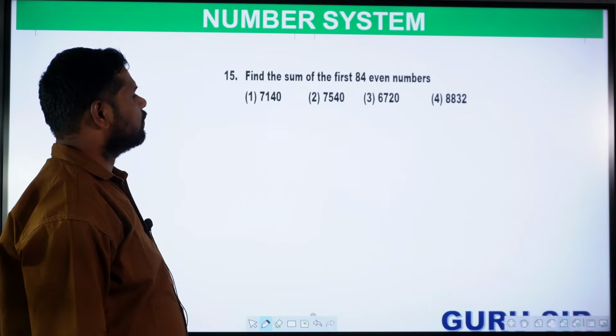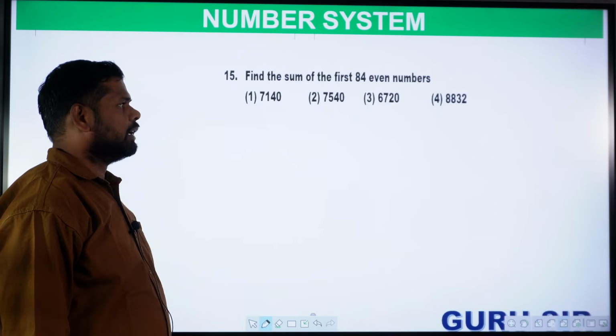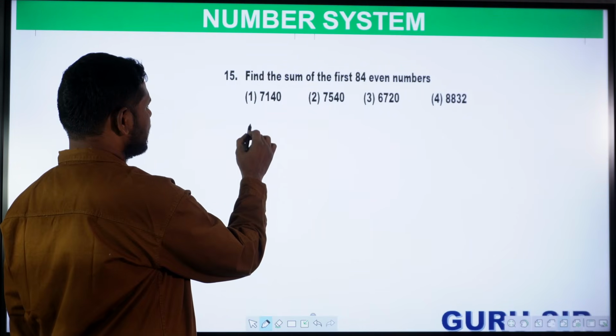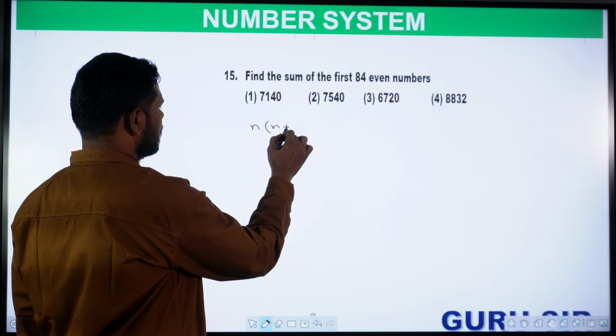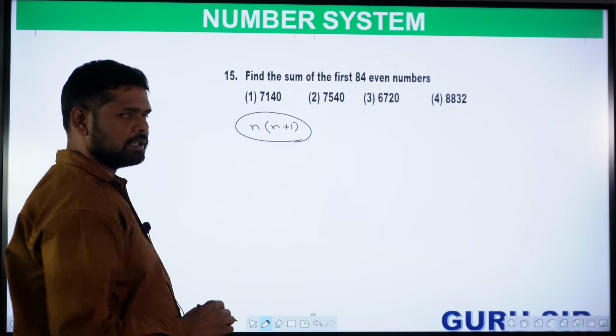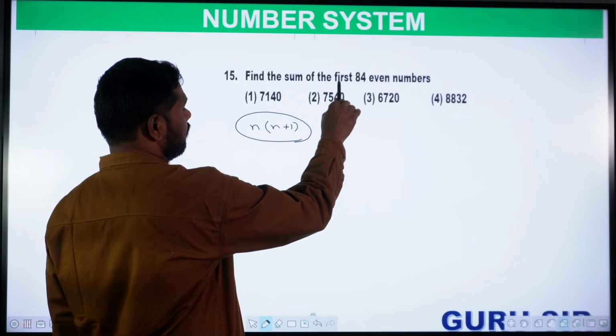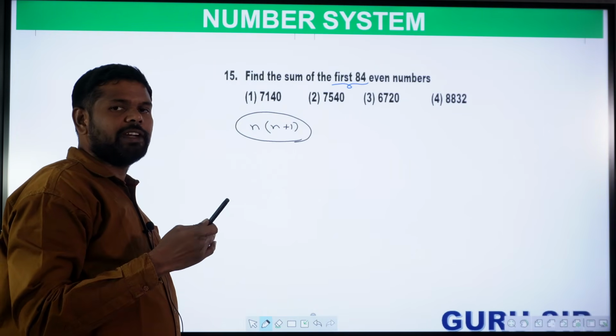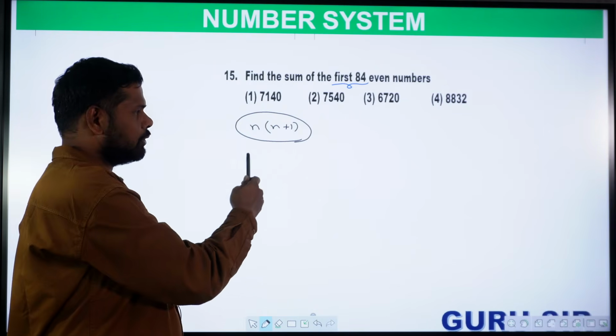Find the sum of the first 84 even numbers. The sum of the first n even numbers is n into n plus 1. The n value is directly given: first 84, not up to 84. Up to 84 means how many even numbers are there? 42, so 42 into 43.